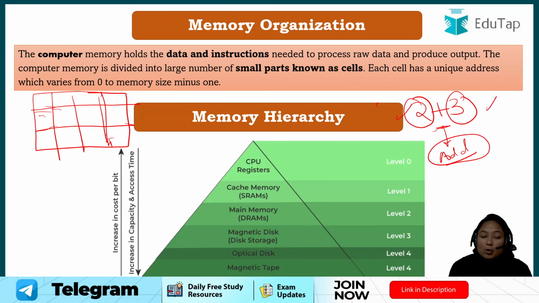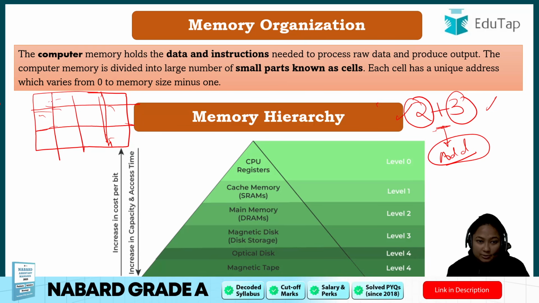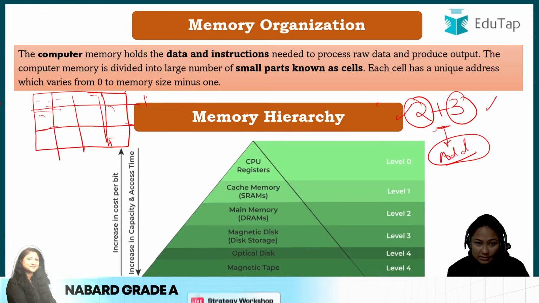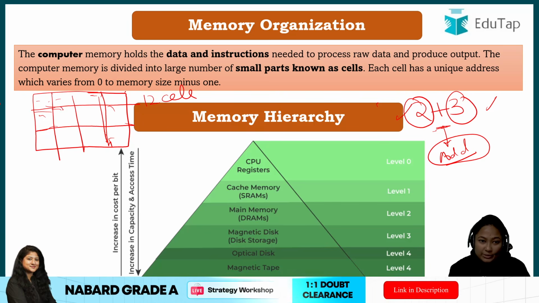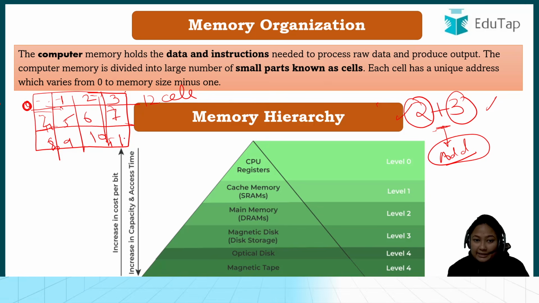Now how can we name those cells? Let's see, here we have 12 cells. How do we name them? We start the naming from zero. So this is 0, this is 1, this is 2, this is 3, this is 4, 5, 6, 7, 8, 9, 10, 11.